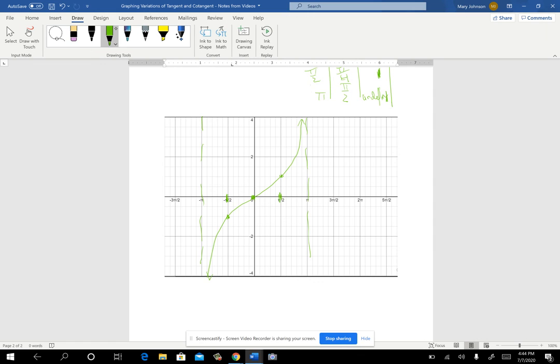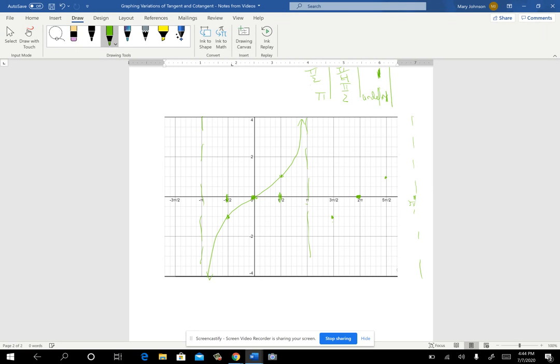All right, and then this would get repeated. If I went all the way out here, see that from pi, I have to go 2 pi, so I have to be all the way out here, where 3 pi would have been, and that would have been another asymptote. See how I had a 0 here? This would be 0 at 2 pi. Here I'd be down at negative 1.